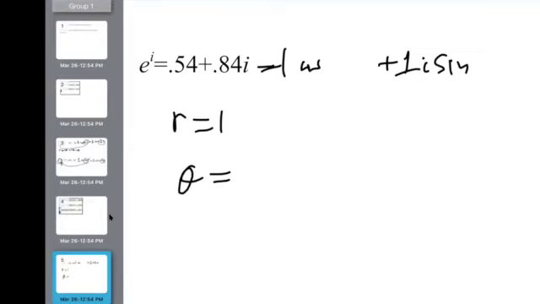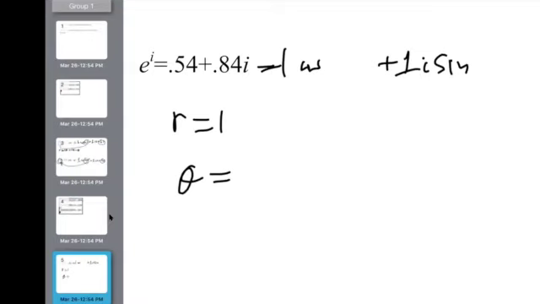And I see Riley saying 57 and Derek saying 57.3. That number sounds familiar. That's a very famous number. What's so famous about 57.3? Yes.